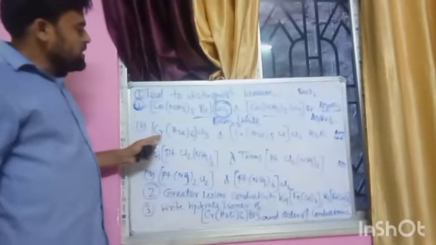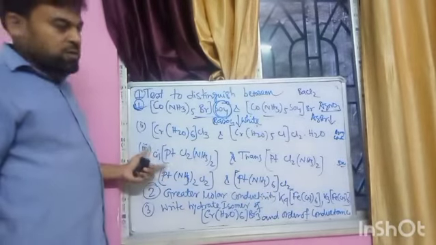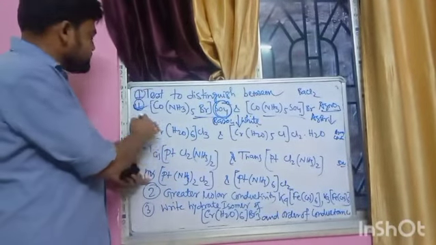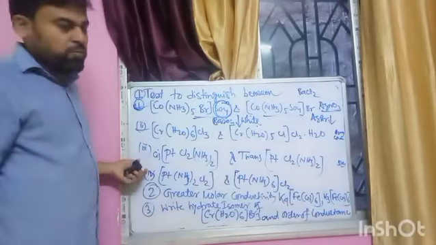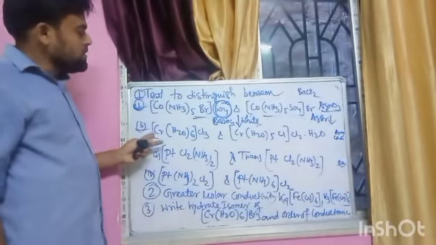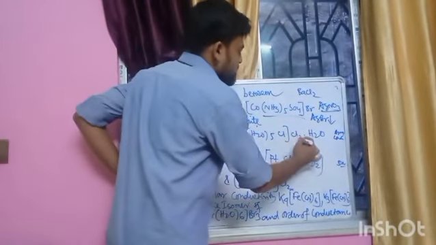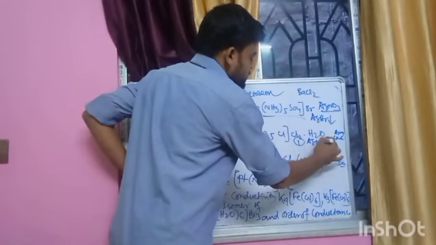The other one is [Cr(H2O)6]Cl3 and [Cr(H2O)5Cl]Cl2.H2O. These are generally hydrate isomers. These hydrate isomers can be distinguished by one experiment, the solution of AgNO3.